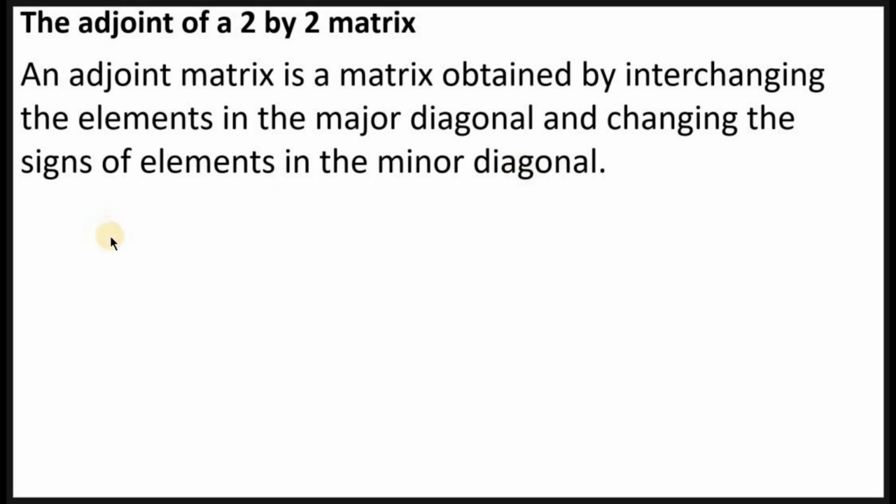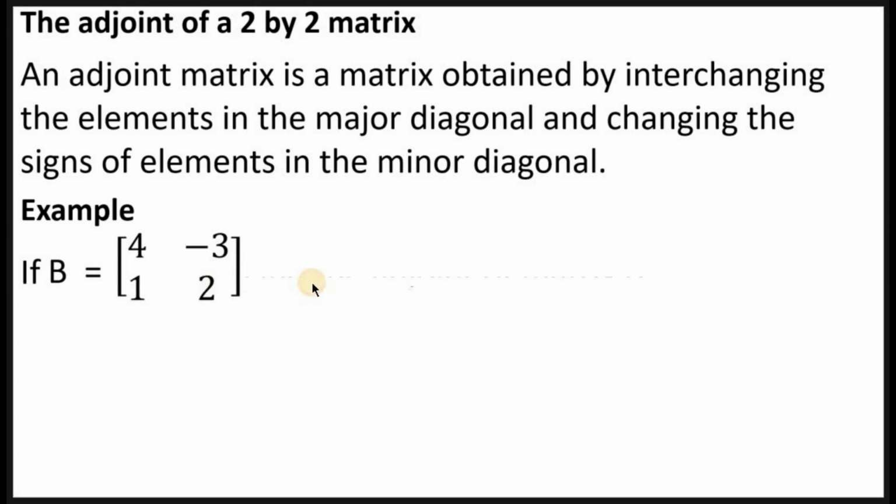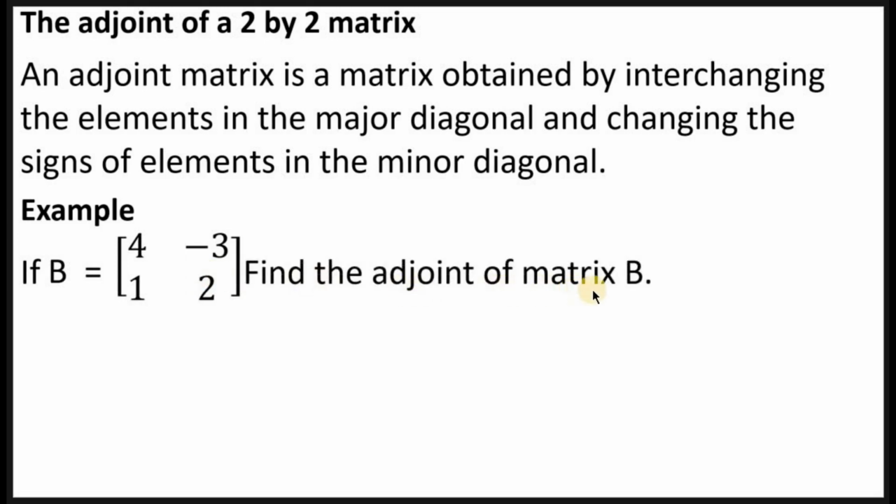So an example is this. If B is this matrix here, and they say find the adjoint of matrix B, then you follow this concept.